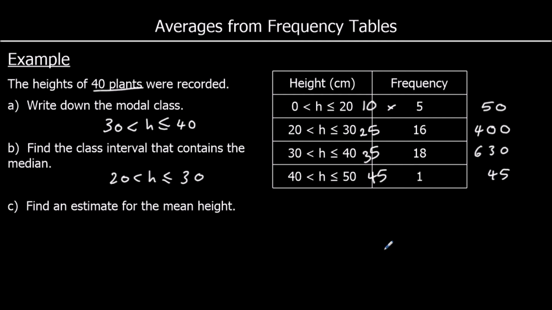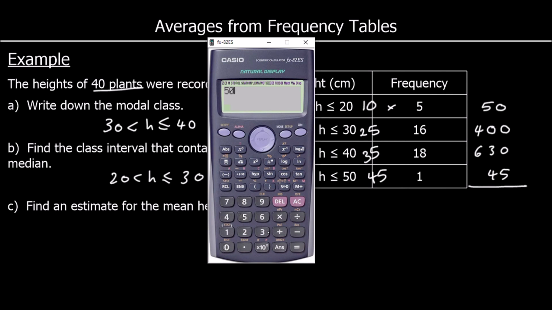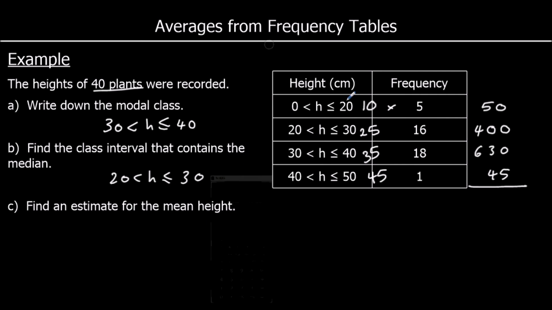So let's add them all up. So we've got 50 plus 400 plus 630 plus 45. So it adds up to 1,125. That's the total height of all the plants added together.